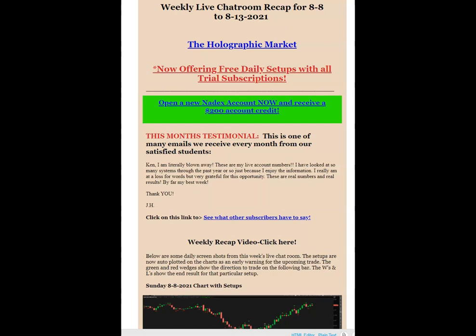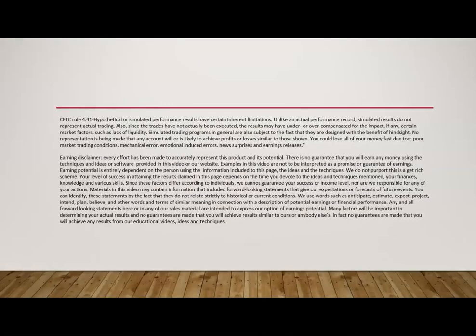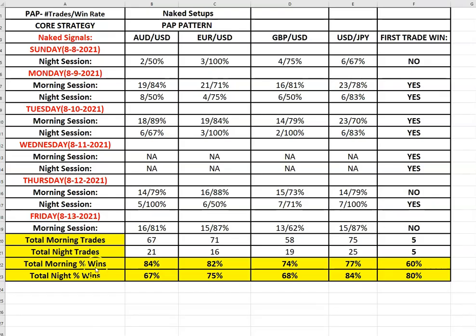All right, so let's take a look at our stats for the week and see how we are doing. These are the weekly stats for the core package in the live chat room. This is just PAP, what we call a naked setup.